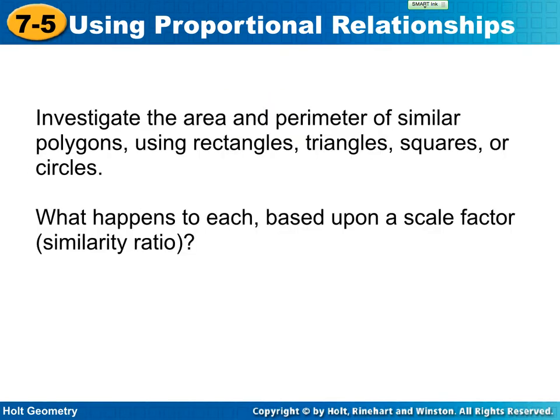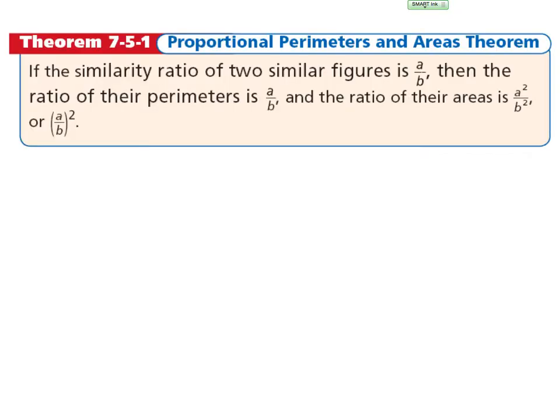We did our investigation there on the board. Theorem 7-5-1 is called the proportional perimeters and areas theorem. It says if the similarity ratio of two figures is A to B, then the ratio of their perimeters is A to B. So notice the perimeter ratio was always the same as that similarity ratio.